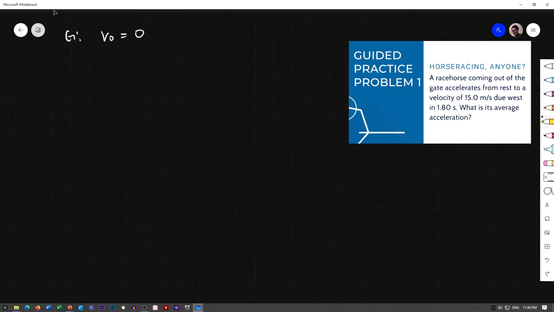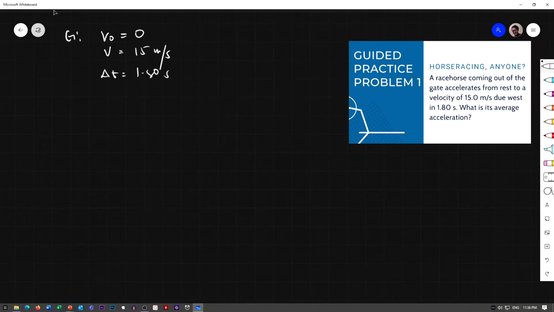Because it is a change in velocity. So our final velocity, which is v, is equal to 15 meters per second. The direction doesn't matter, so we can just rewrite it on the final answer. For our time, it is 1.8 seconds.